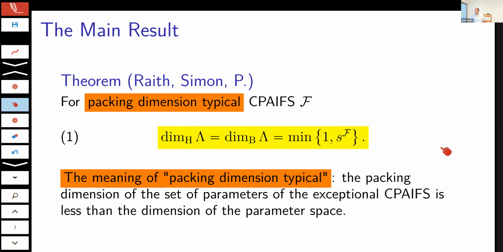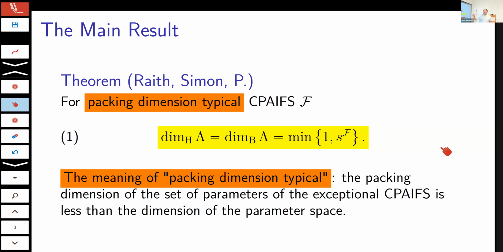For a packing dimension typical continuous piecewise affine iterated function system, together with Aaron Schumann and Peter Wright, we proved that we have the following nice dimension equality. The Hausdorff and box dimensions of the attractor of such a system are equal to the minimum of 1 and this dimension here, which you can think about as the generalization of the similarity dimension that I'm about to define in a couple of minutes.